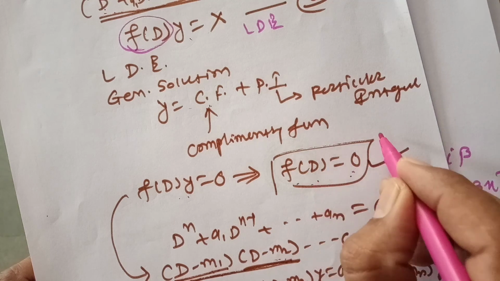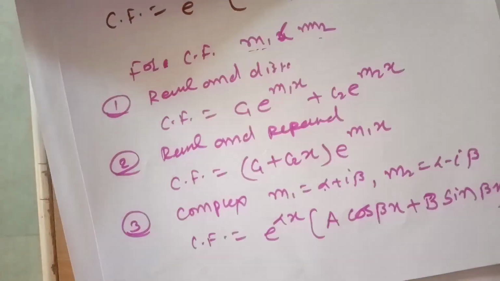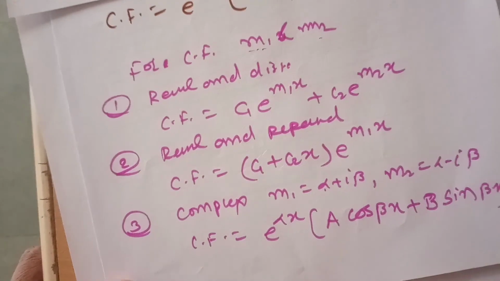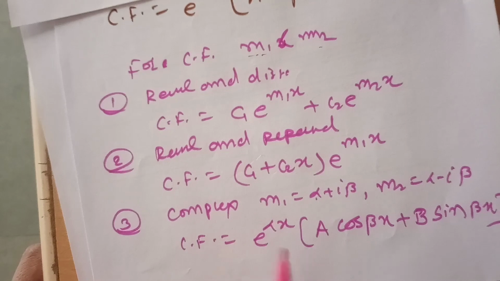This equation is called the auxiliary equation. Means if we know roots of the auxiliary equation, then we can find CF, and this is the method to find CF. Okay, in the coming lecture we will solve problems on this.